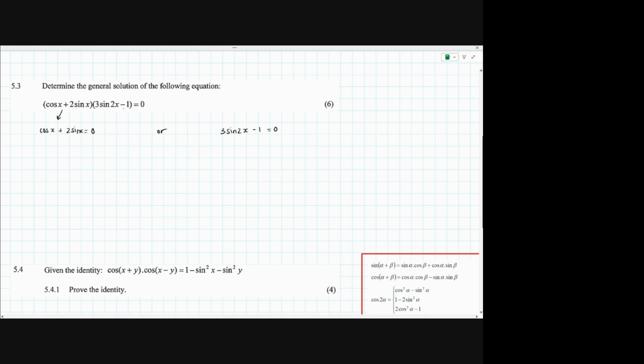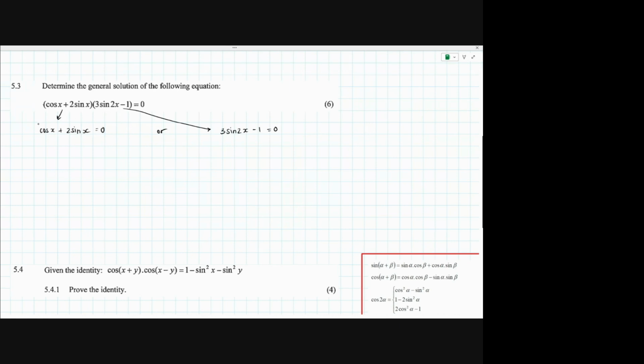One of these brackets must be 0 in order for my product to be 0. And so all we do is make it equal to 0, and now we can solve these two separate equations. Again, if it is already factorized and it's equal to 0, don't touch it. Make each factor equal to 0 and solve.